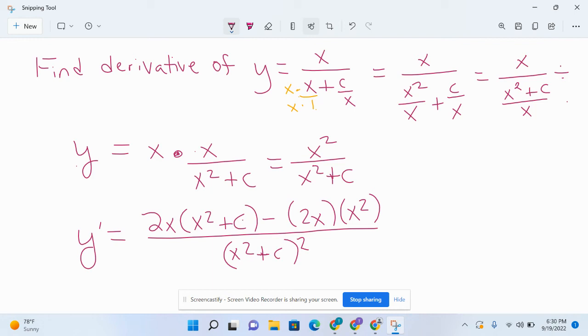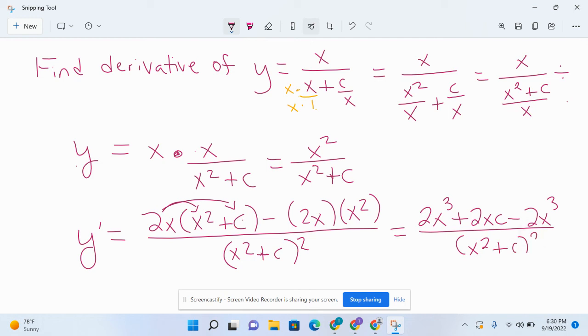Okay, it doesn't look really good yet, but it actually cleans up quite a bit because I can use the distributive property here. That leaves me with 2x to the third plus 2xc, minus, if I multiply these together, the exponents add up, so I get minus 2x cubed, all over x squared plus c squared.